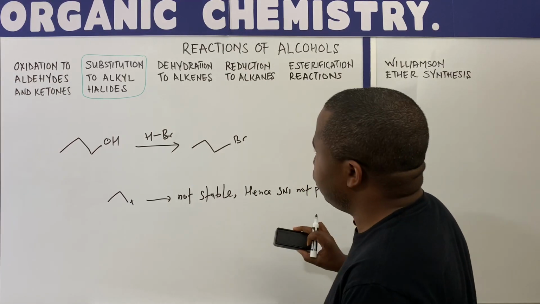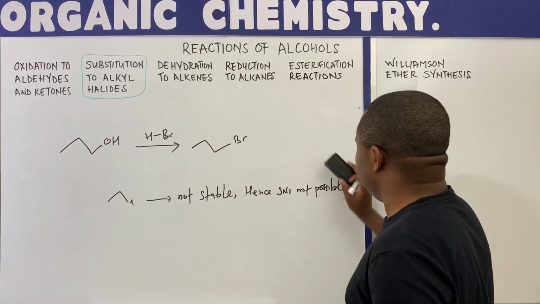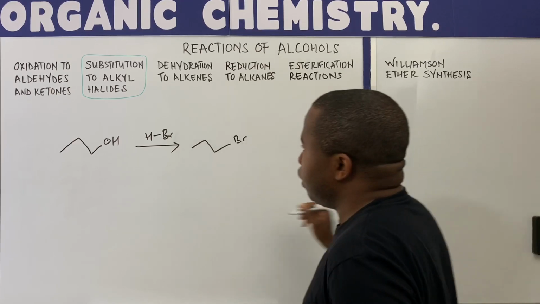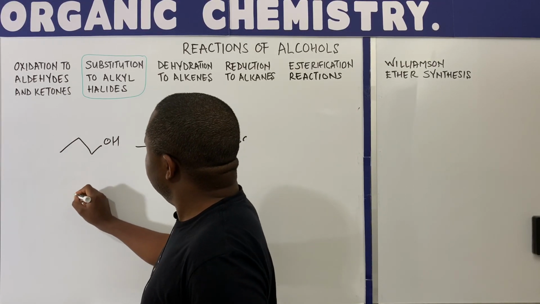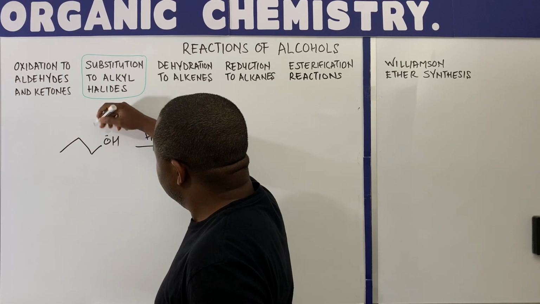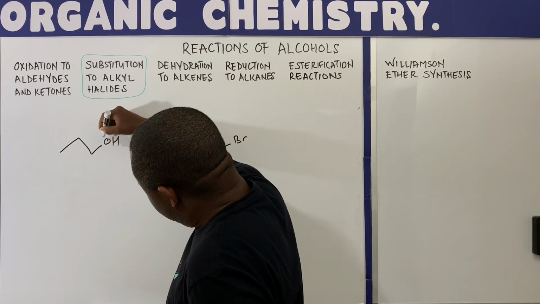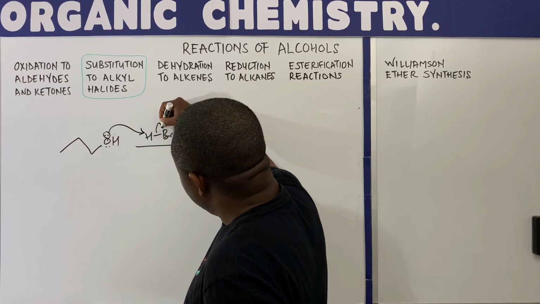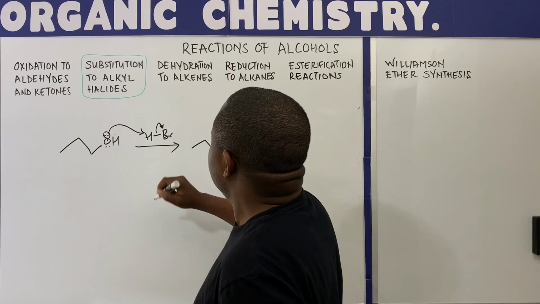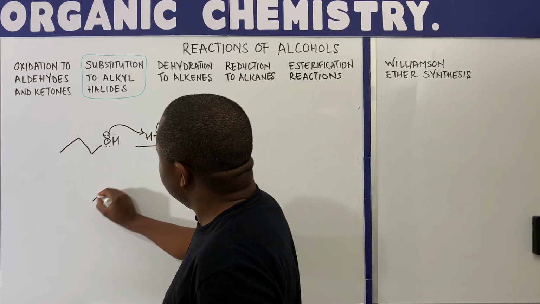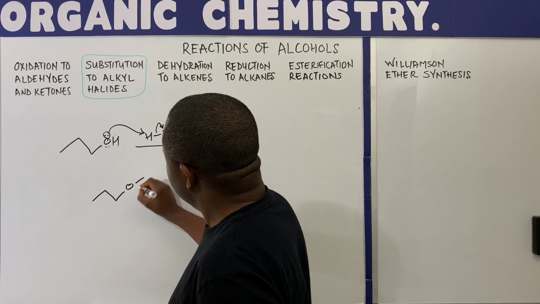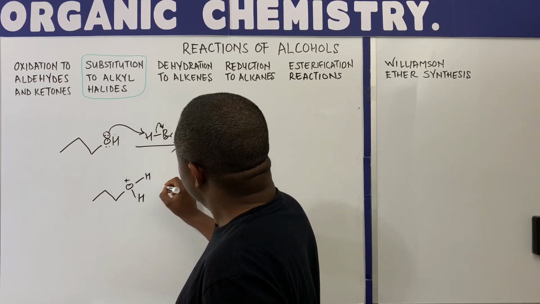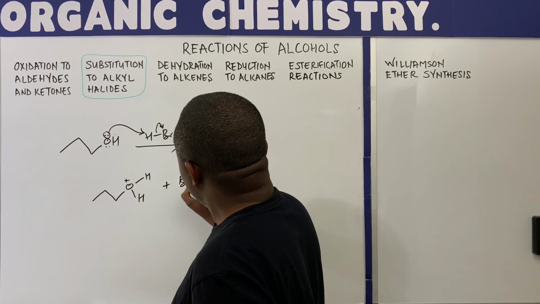So how then are we going to form this product using this reaction? We are going to use an SN2 mechanism, and that is going to be something like this. This attack is still going to take place, because bromine is really electronegative. So then we're going to have this plus Br minus.